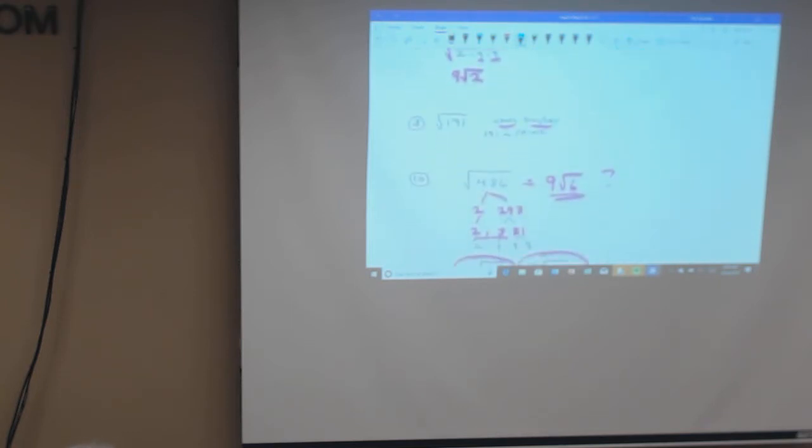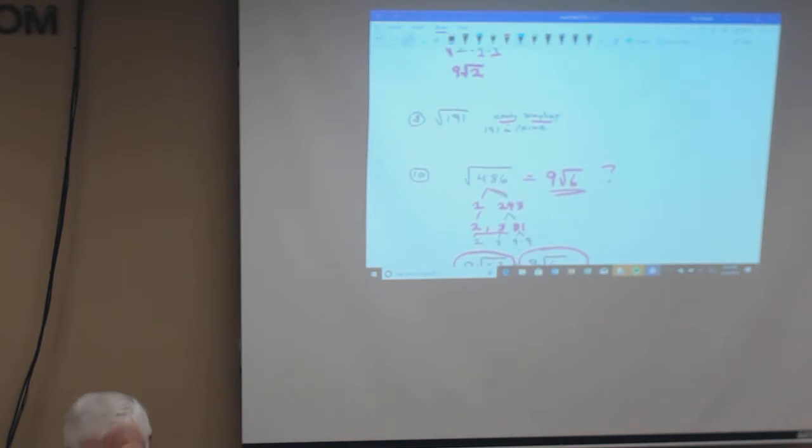Number 8. I'm glad I have my prime number chart handy, because 191 is on my prime number chart. So what does that tell you? You can't simplify it. Well, why do they tell me to simplify as much as possible?